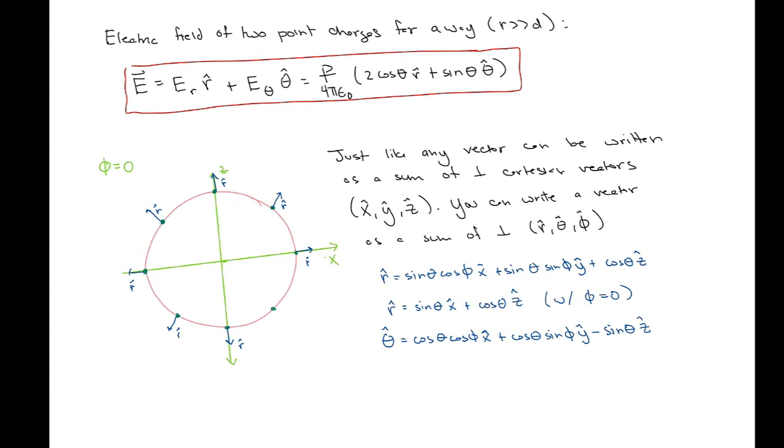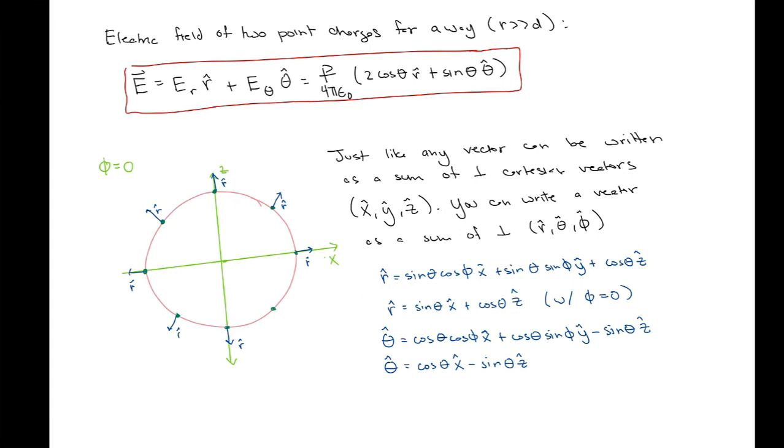Again, I can apply it for this particular plane that we're looking at, phi being equal to 0. When I do that, I end up with cosine of theta x hat minus the sine of theta z hat.